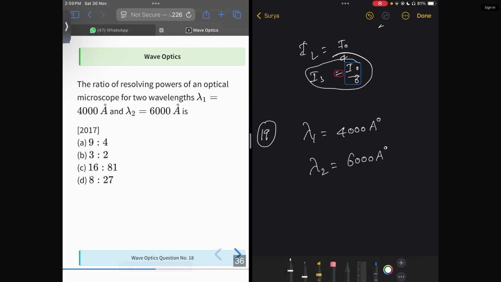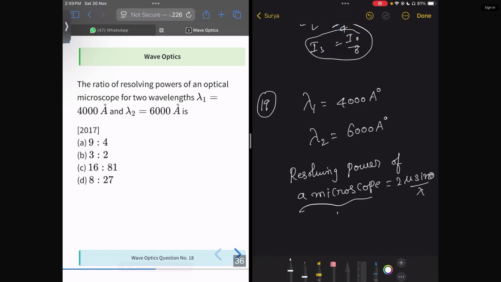The formula for the resolving power of an optical microscope is 2 mu sin theta divided by lambda.